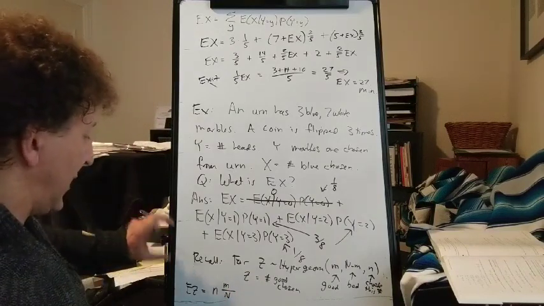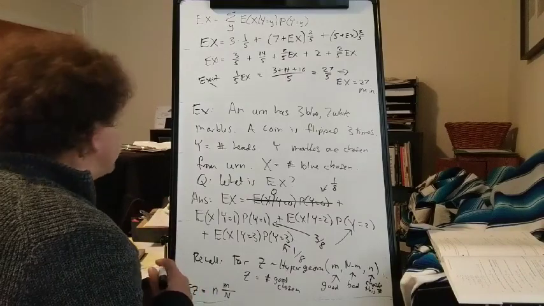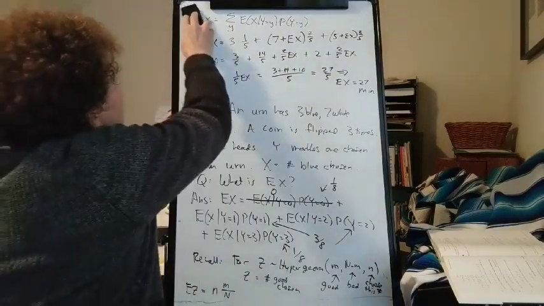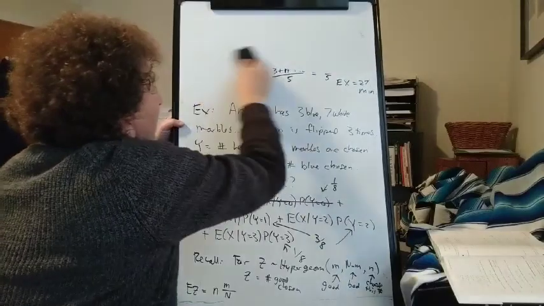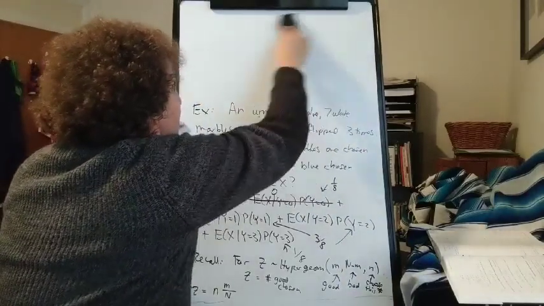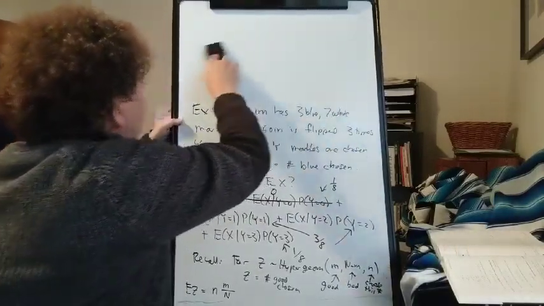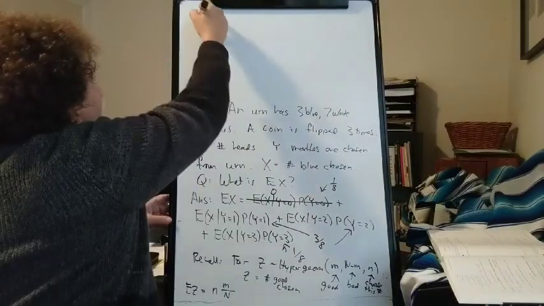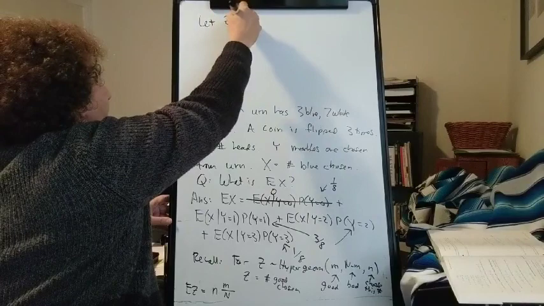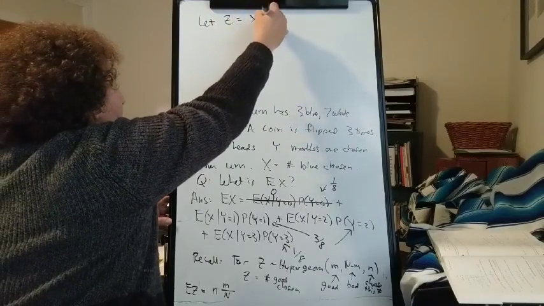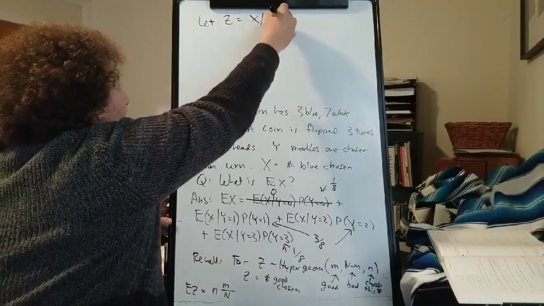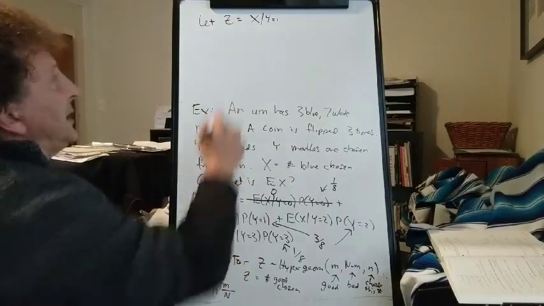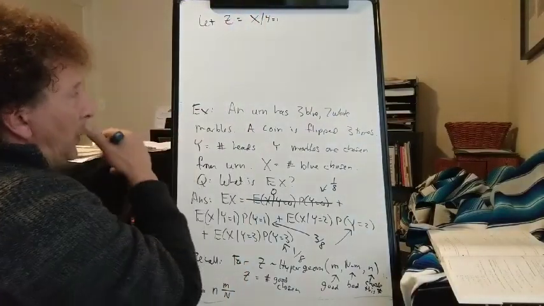Alright, so how does that relate to this problem? So the number of marbles that we're choosing depends on what happened with the coin flips. So let's let Z be X given that Y equals i.